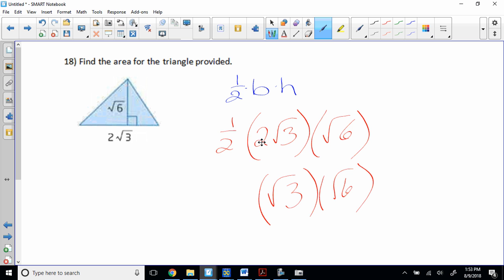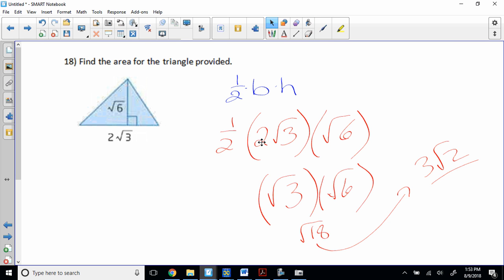What does that now become? Square root of what? 18. Which simplifies down to 3 square roots of what? 2. Ladies and gentlemen, you've got to know how to do that.